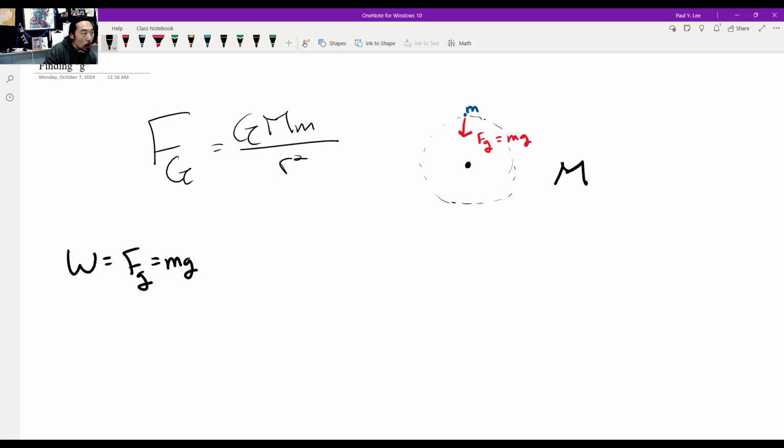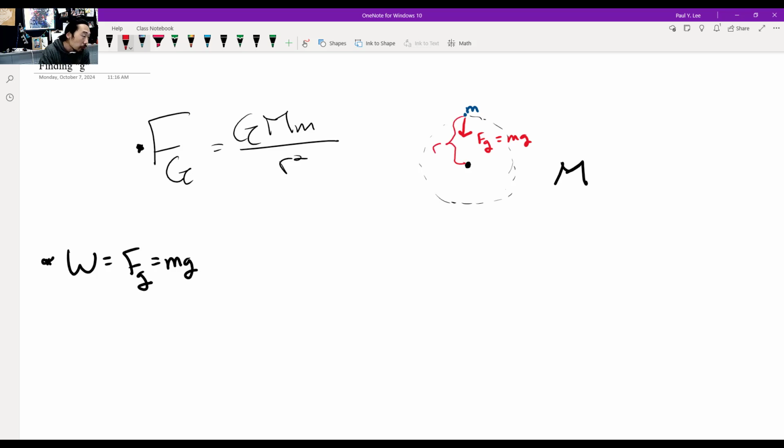We should be able to go from this formula up here to this formula down here with this illustration. So let's go on that journey. If we take a look at this formula up here, the capital M is the mass of the planet, this lowercase m is your mass, and this r is the distance between the core of the planet and you.